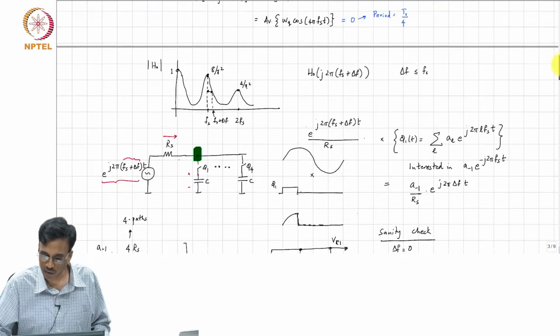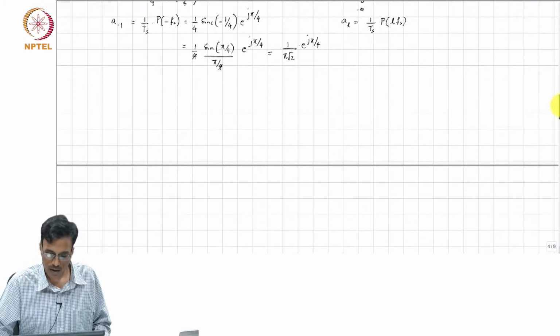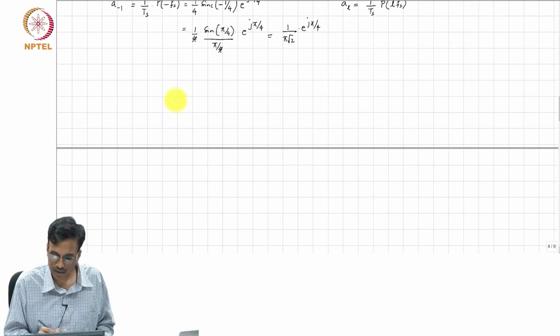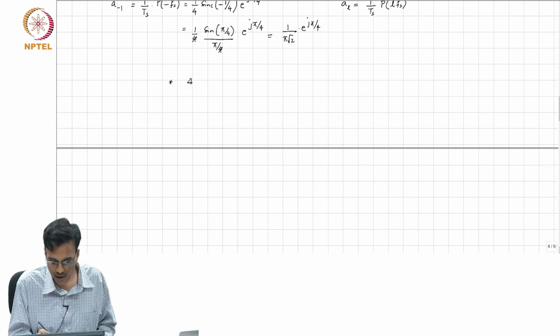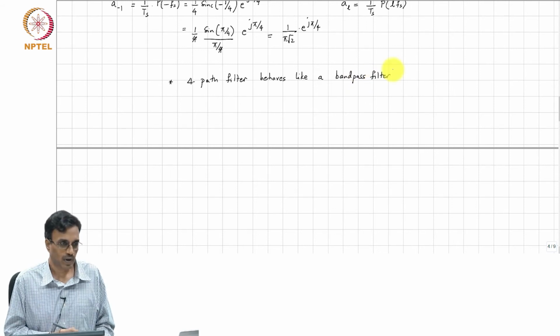So, to summarize, therefore, the n path filter or the 4 path filter behaves like a band pass filter.